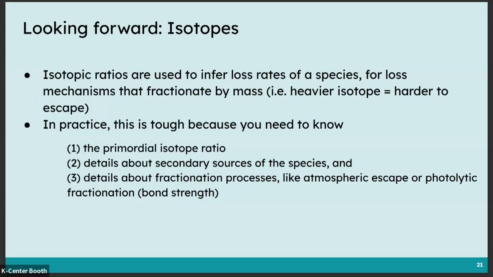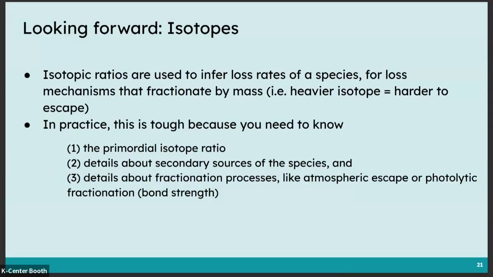This is not my work anymore, but I thought I should mention some things that are happening as we look forward. Especially if you're familiar with Martian atmospheric escape, a hot topic to think about is isotopes. Isotopic ratios are often used to infer the amount of loss of a particular volatile species over time, because most loss mechanisms fractionate by mass, and so the heavier isotope will be preferentially retained.